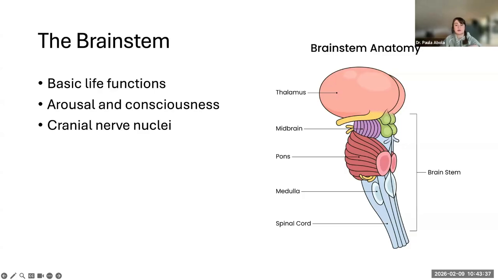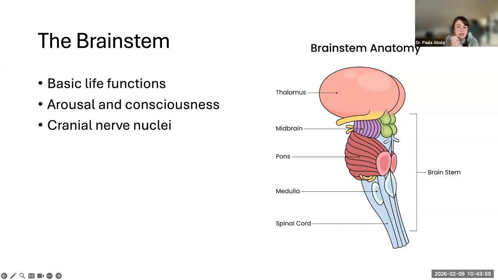functions. Causes such as stroke, traumatic brain injury, tumors, or neurodegenerative disease can also have devastating effects when they involve this region. So it doesn't just have to be trauma, it can also be a stroke or a tumor.